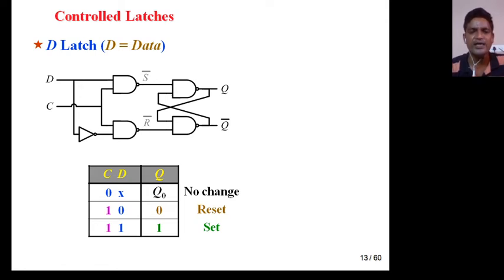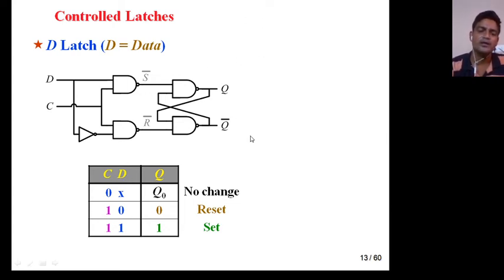So Q equal to D. This is called the characteristics equation. In the next lecture, I will tell you how to determine the characteristics equation of each flip-flop.